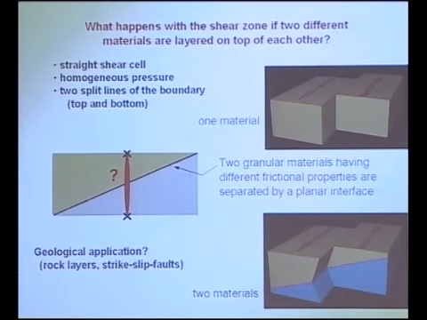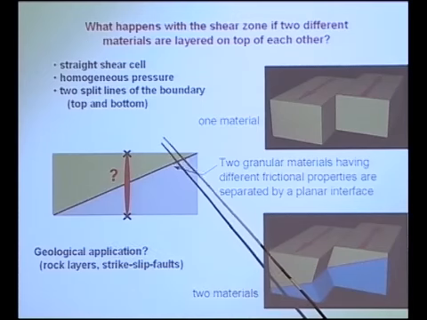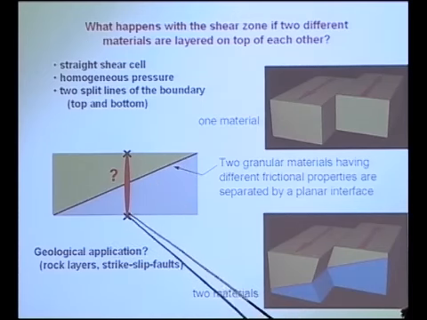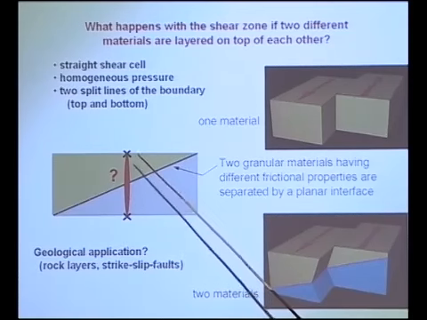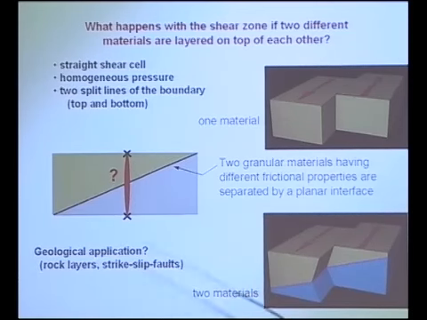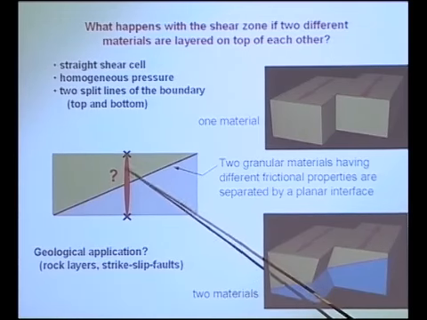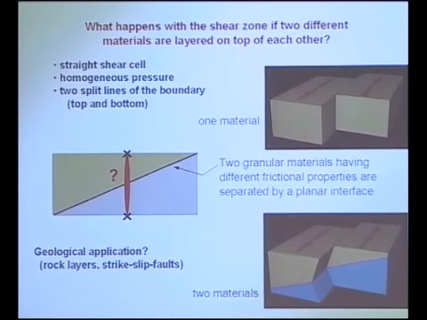Again, I imagine that the pressure gradient around this interesting region is negligible compared to the pressure itself. So I have approximately homogeneous pressure to keep the problem simple. And now I will use two split lines at the boundaries, so both ends of the shear zone are fixed, and I'm asking what is the surface that the shear zone chooses in between.